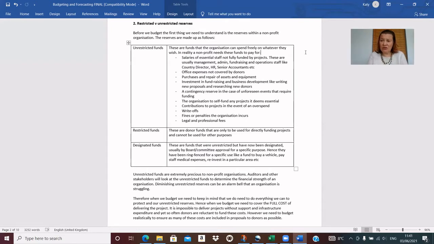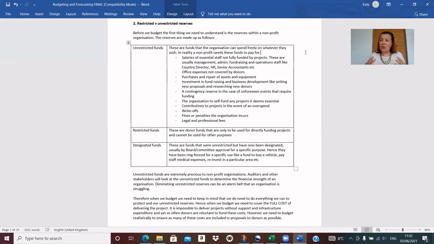Unrestricted funds are also really important because they're kind of the bottom line of our organisational funds. Auditors and other stakeholders, they will look at our level of unrestricted funds to establish our financial strength.